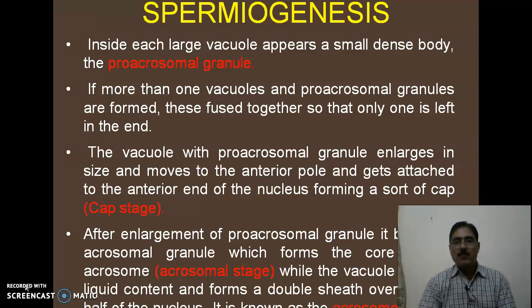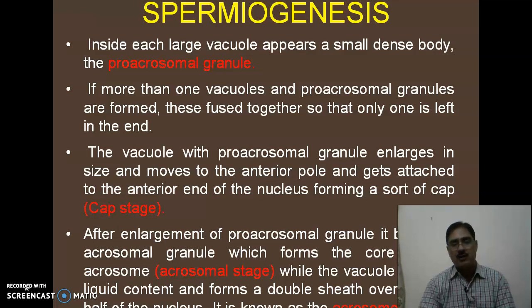If more than one vacuole and proacrosomal granule are formed, these fuse together so that only one is left in the end.